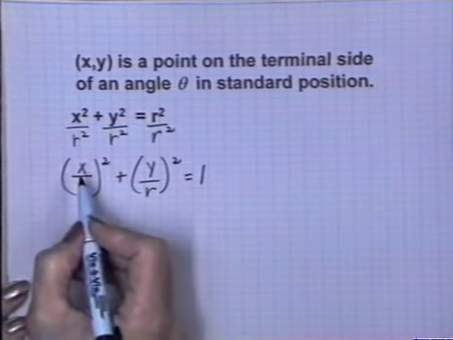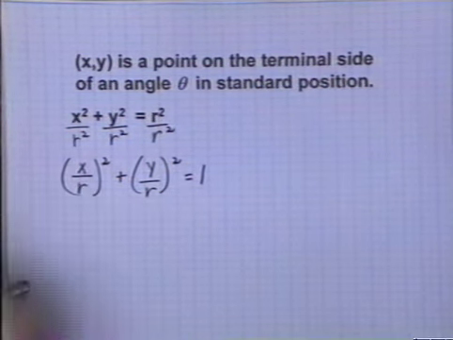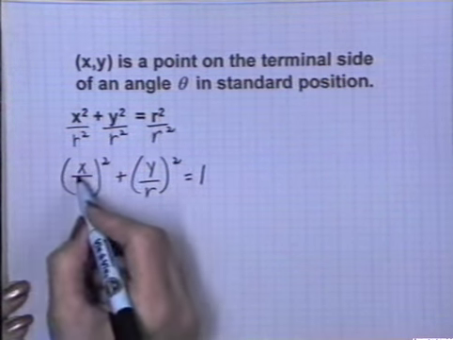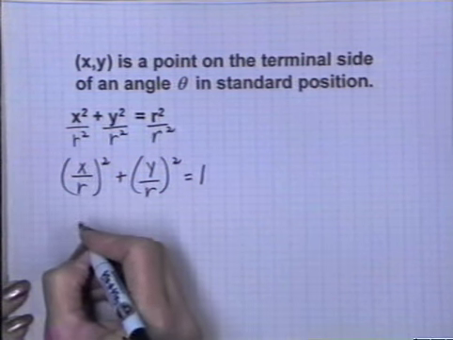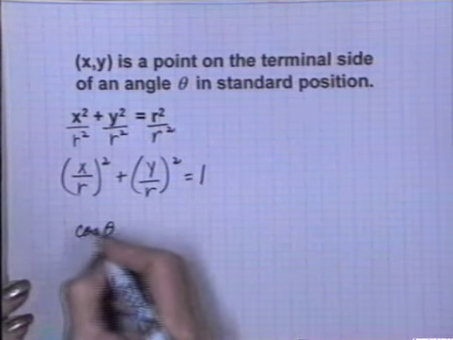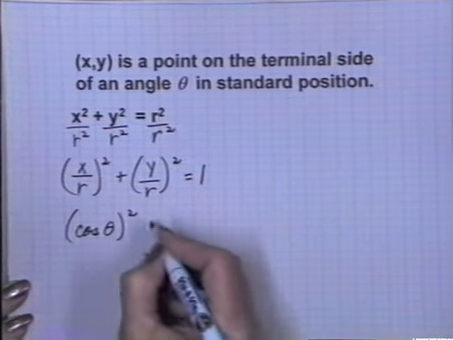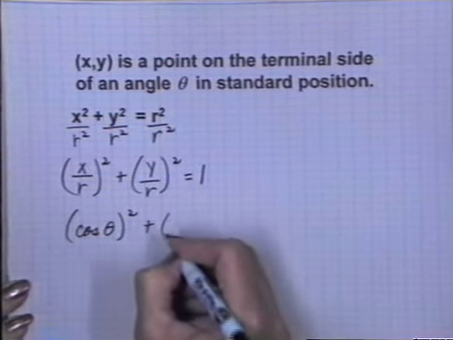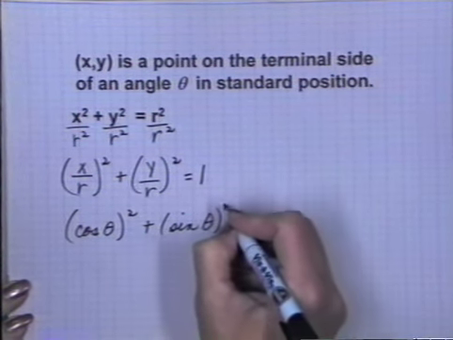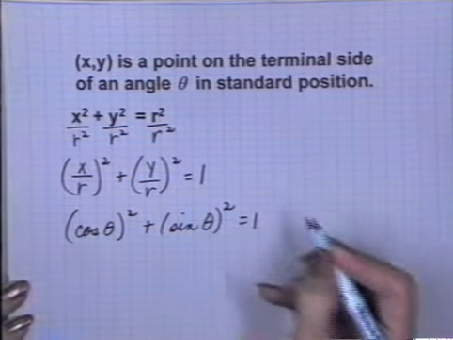Now, which trig ratio is x over r? We know that x over r is the cosine. So this is the cosine of theta, since that's our angle, squared. y over r is the sine of our angle theta, squared, equals 1.